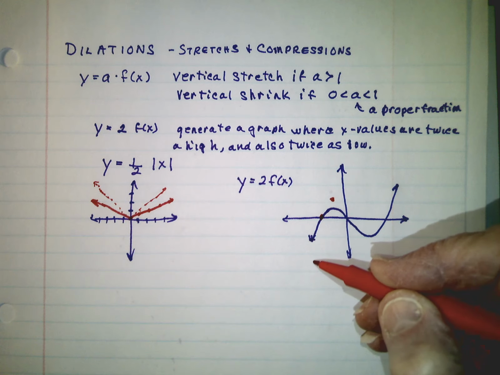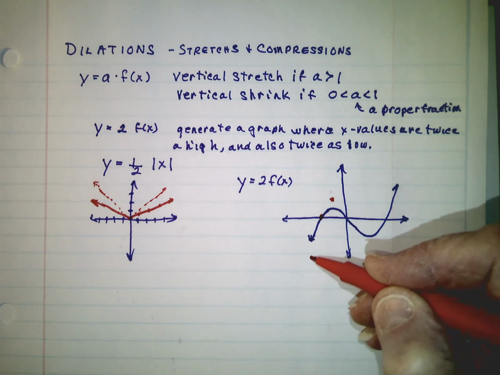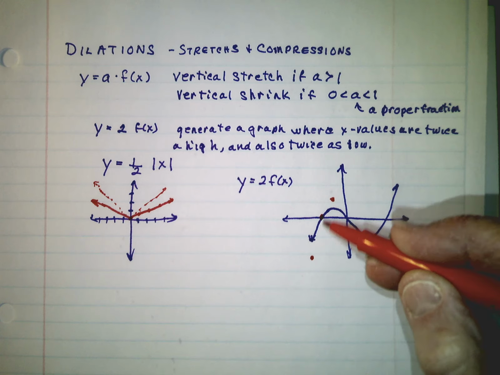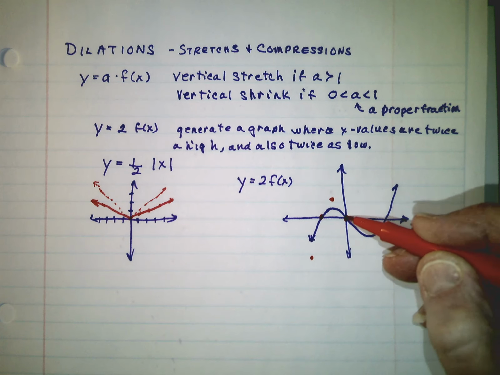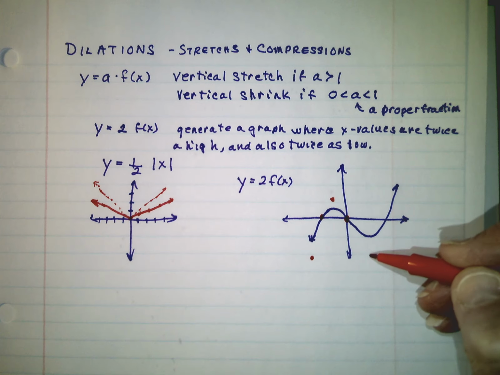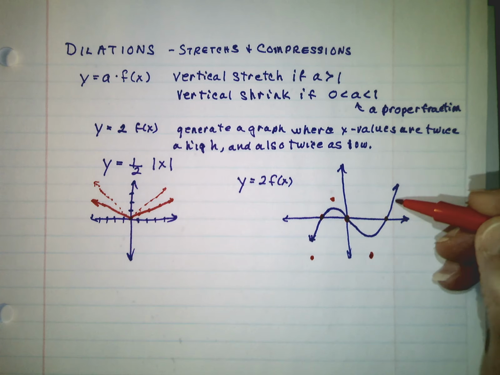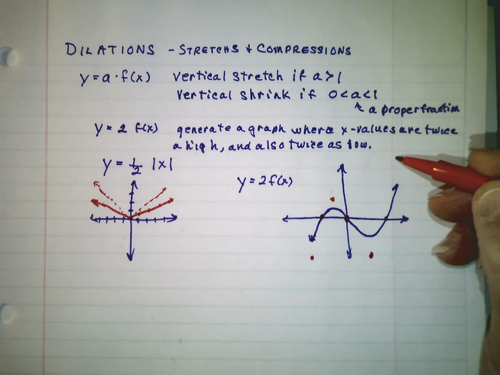And then this is going to be twice as low here. 2 times 0, twice as high, 2 times 0, twice as low here. 2 times 0, twice as high here.